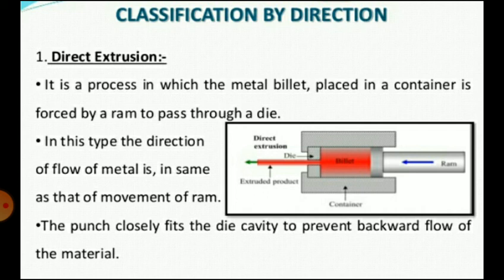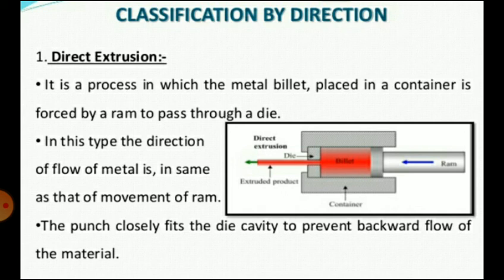On the right hand side there is a ram that is used to apply the force on the material, so that the material is forced to flow through the die opening. This extrusion is known as direct extrusion, because the direction of flow of metal is the same as that of movement of the ram. The punch closely fits the die cavity to prevent backward flow of the material.